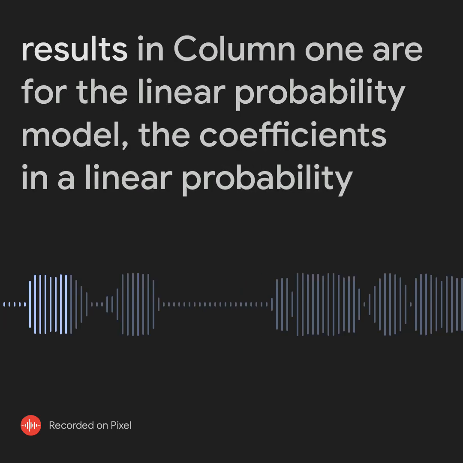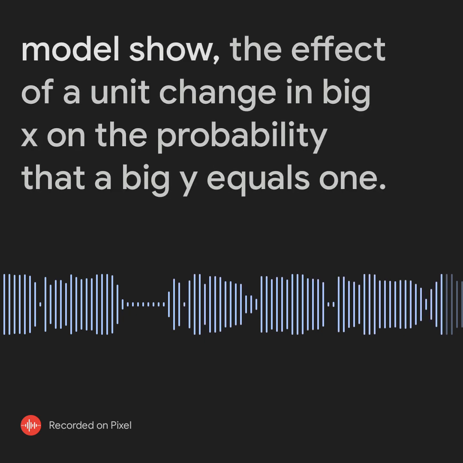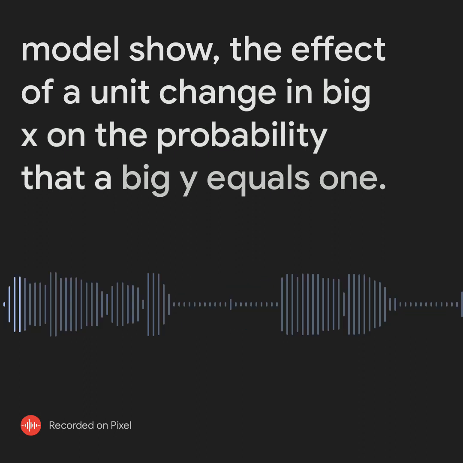11.2. The results in column 1 are for the linear probability model. The coefficients in a linear probability model show the effect of a unit change in big X on the probability that big Y equals 1.